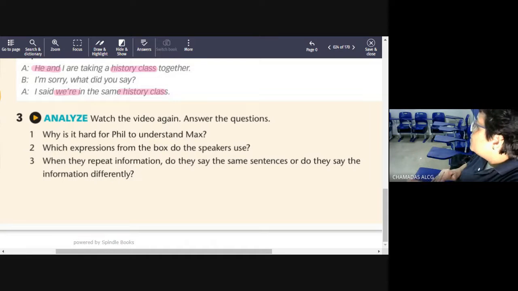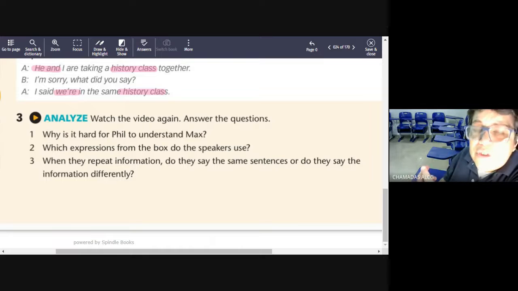Because the words are different. The accent is different. Accent is the same as sotaque. So we have different accent and different vocabulary. Okay? So our Portuguese is different from the Portuguese from Portugal. Completely different. Okay? So that's why.